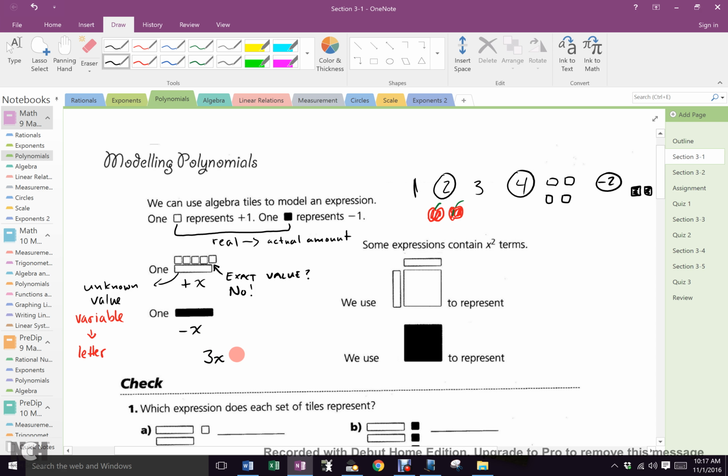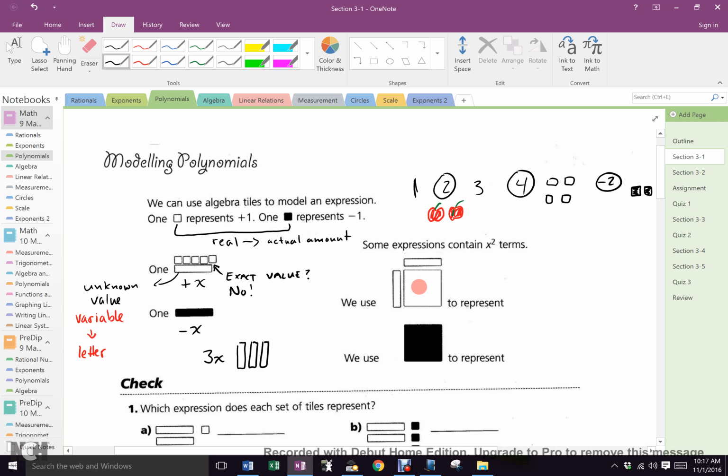Little blocks? I want 3 x's. Oh, 3 x's. 3 bars. 3 bars. Cool? And would they be colored or white? They're positive, so they would stay white. Is everybody good? Yeah. Going once? Going twice? Going thrice? Okay.